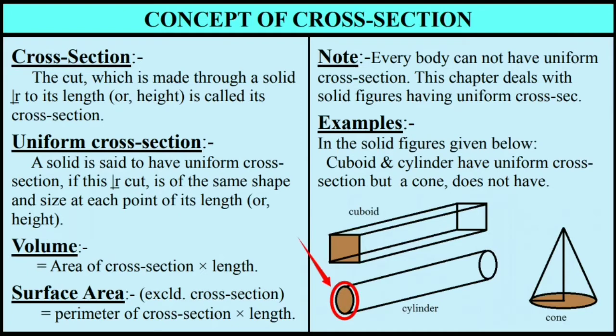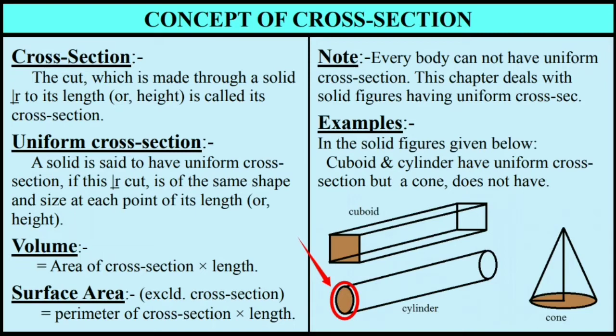Next example, let's take a cylinder, a solid cylinder. The circular surface shown here in shaded form and bounded by a red ring is the cross section of the cylinder.